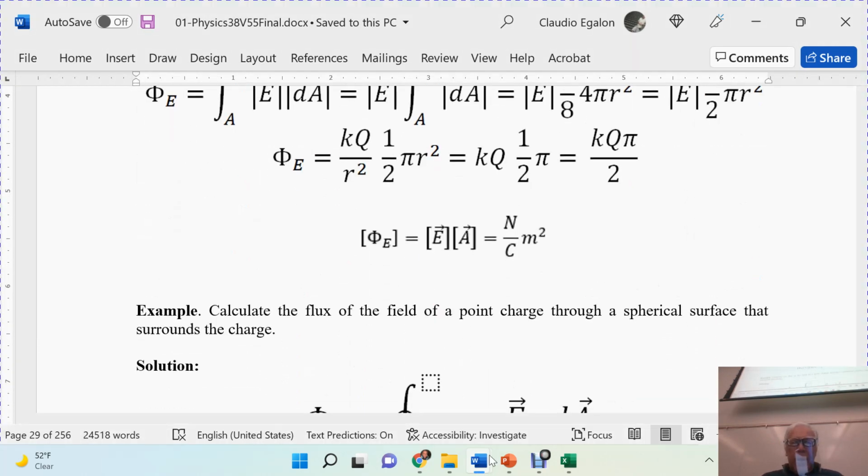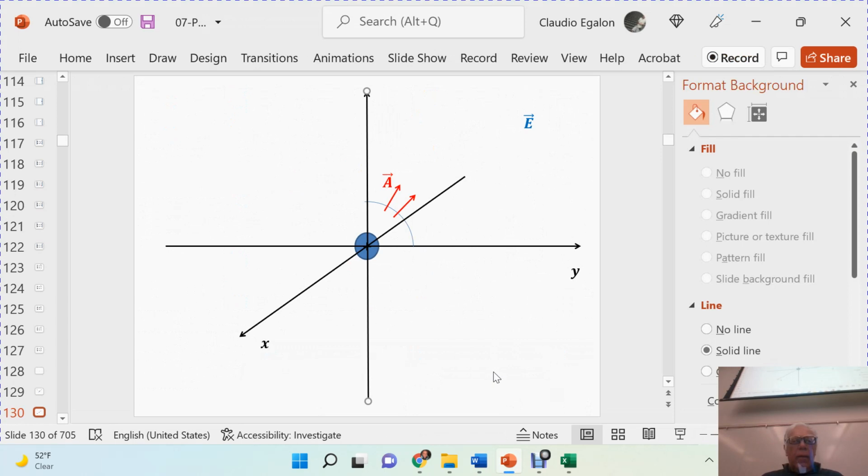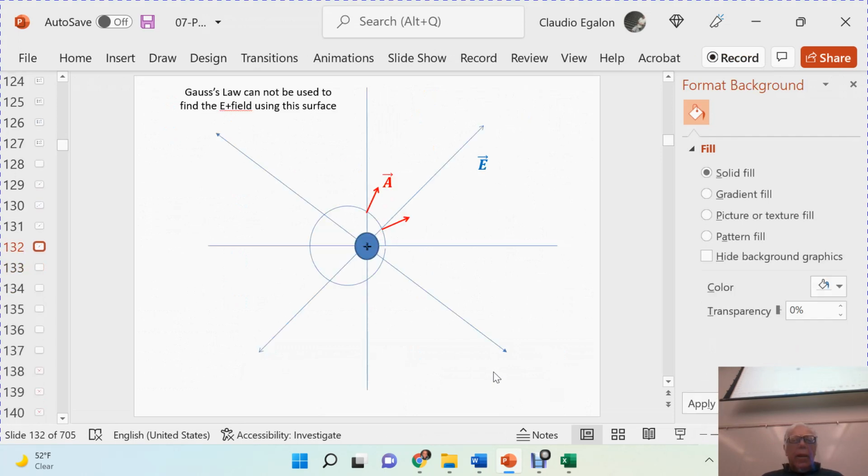Surface area. And here you go. Now, the next question is, what about the electric flux through this spherical surface that's not centered at the origin? Ask yourself about that. This problem is very difficult to calculate. It's not easy.